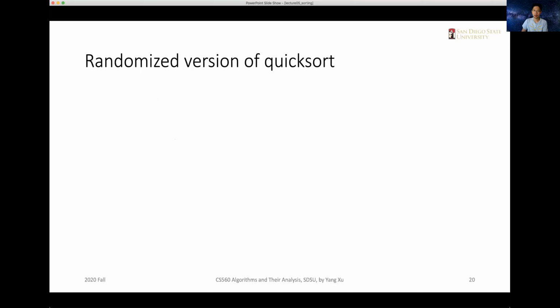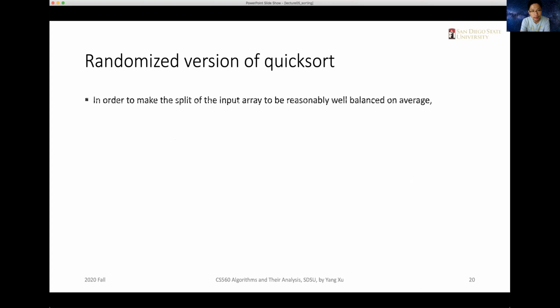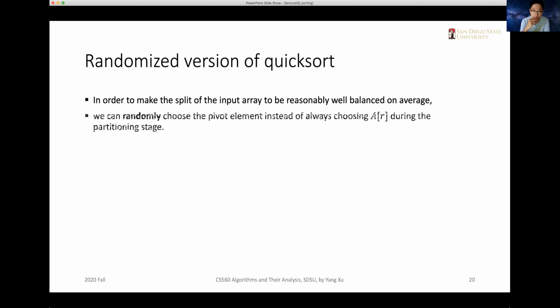Okay. But still, we want to achieve a more balanced partitioning. So that's why we can improve the partition procedure by introducing some randomness into it. We can randomly choose the pivot instead of always choosing the last element.